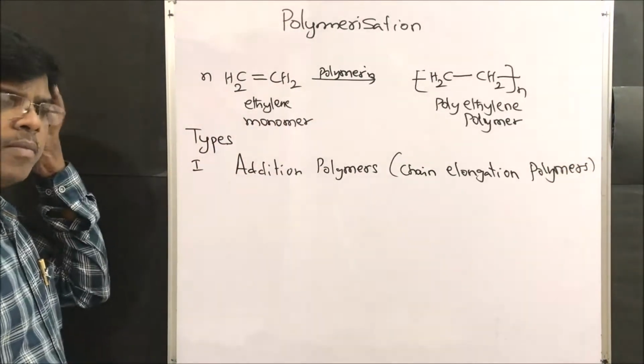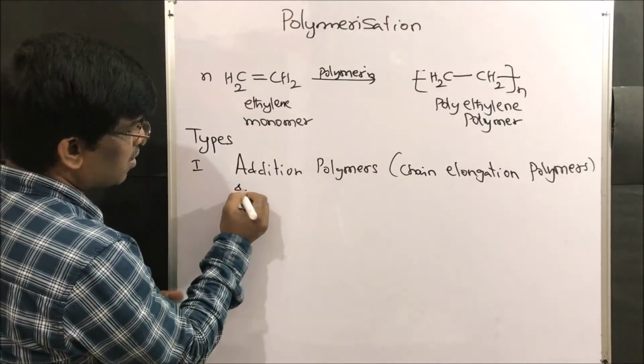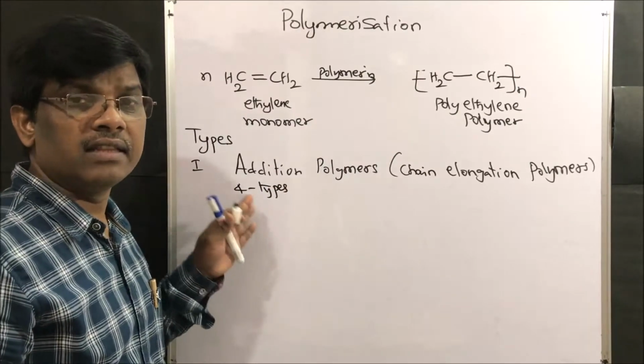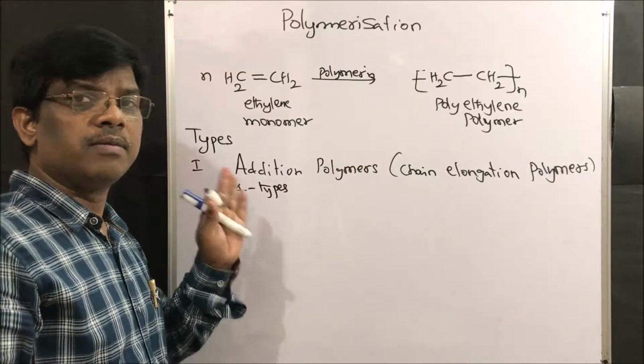Right? Addition polymers or chain elongation polymers. These are four types. How many types? Four types. Very important friends. You will get which polymer is prepared by which reaction.